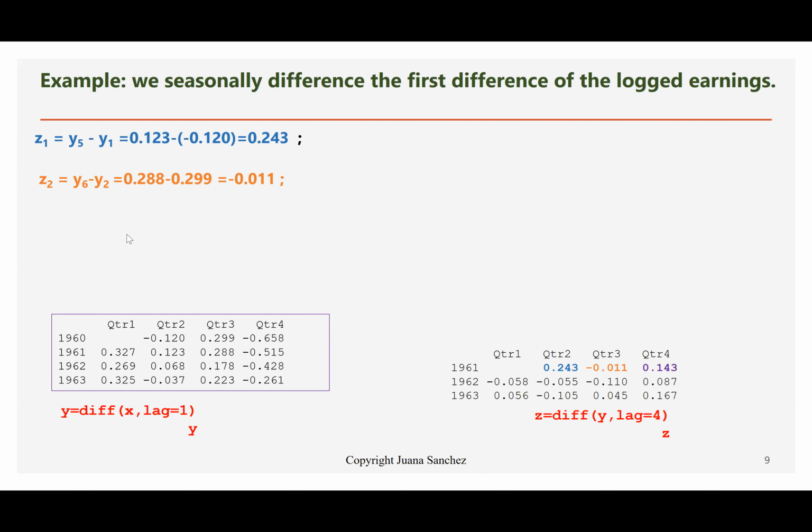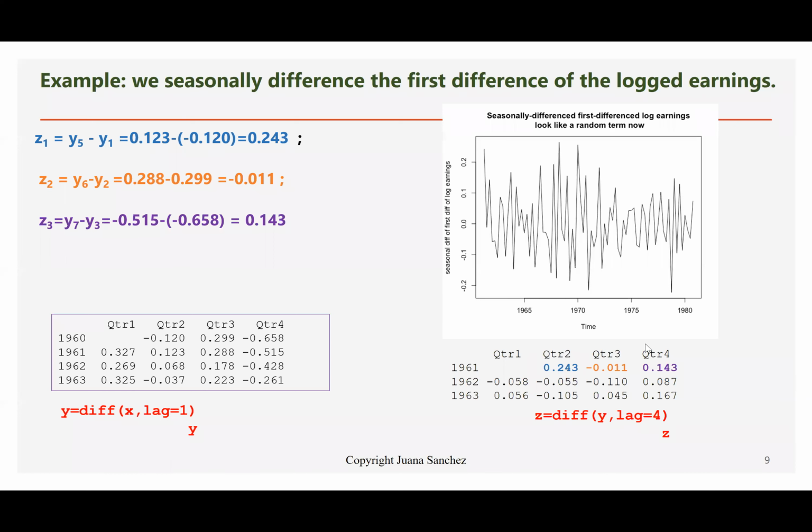So you can match the colors of the calculations to the numbers that we obtain in the seasonal difference time series on the right. The purple is Y7 minus Y3. So we start the new series in 1961. And now when we look at this, you see around 0 some series fluctuating sort of randomly around 0.